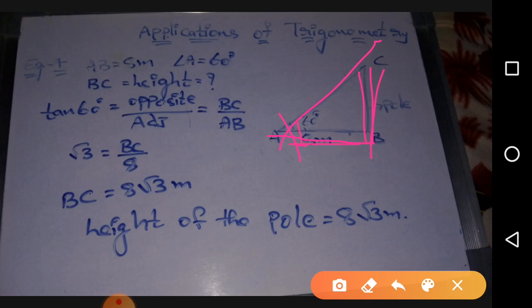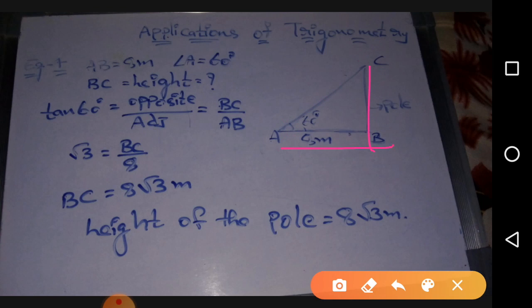You have already seen this in the trigonometry topic. If you want to go through the question, you can refer to the textbook. So what is the relation between opposite, adjacent, and angle? We all know that tan theta equals opposite by adjacent, that is BC by AB.